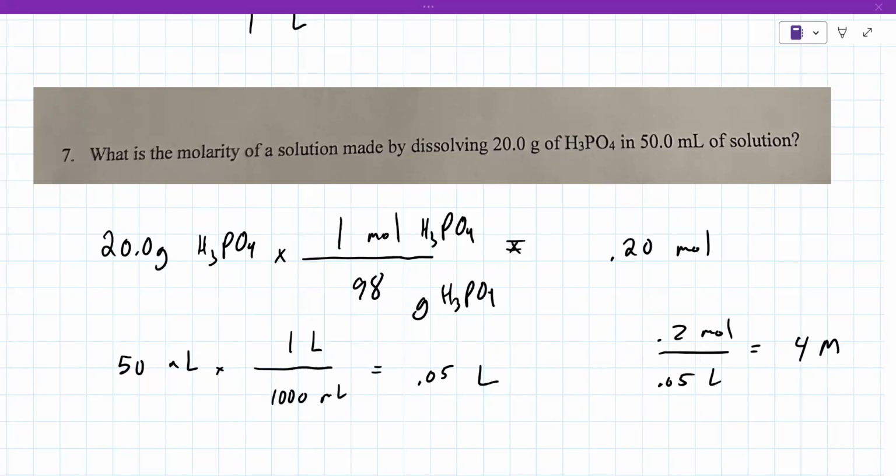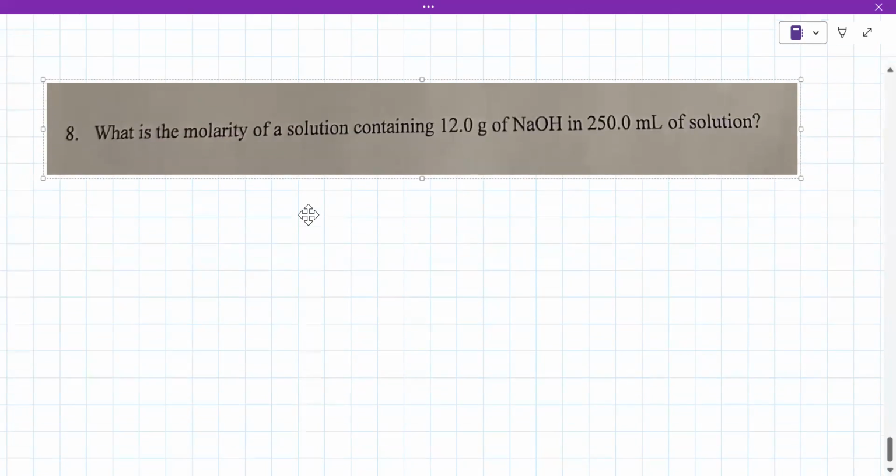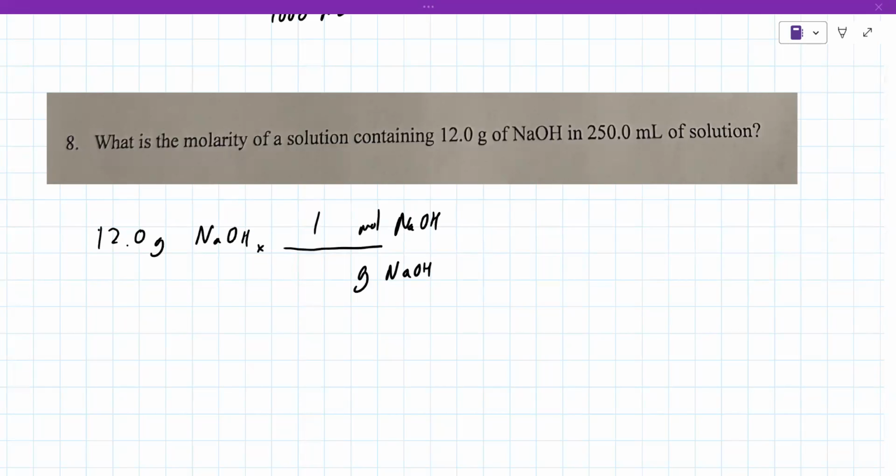All right. Last one is really similar. Again, you've got to convert the given quantity into moles or liters or both. In this case, it's both. So you start with that 12 grams NaOH, and then you need the molar mass of NaOH. 40.